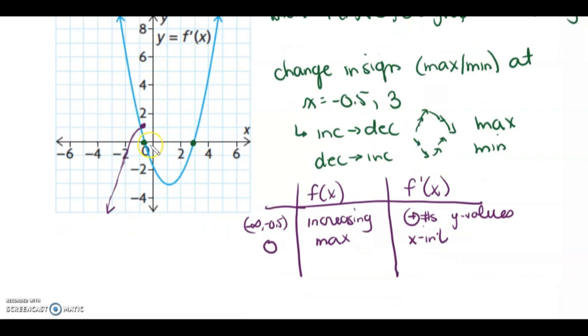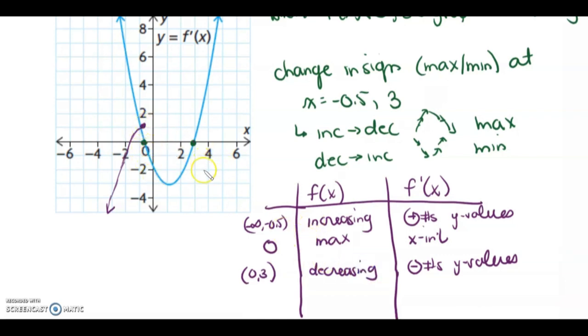Now the next interval is going to be from 0 to 3, because the f prime at x values are all negative. They're below the x-axis, so negative numbers or negative y values. So what's going to happen is the original is going to be decreasing.